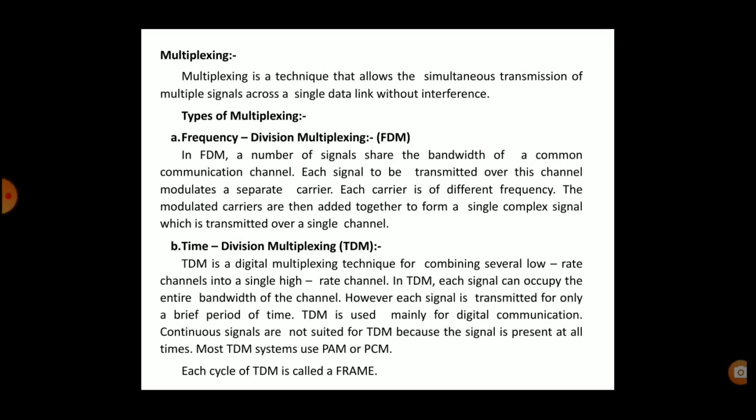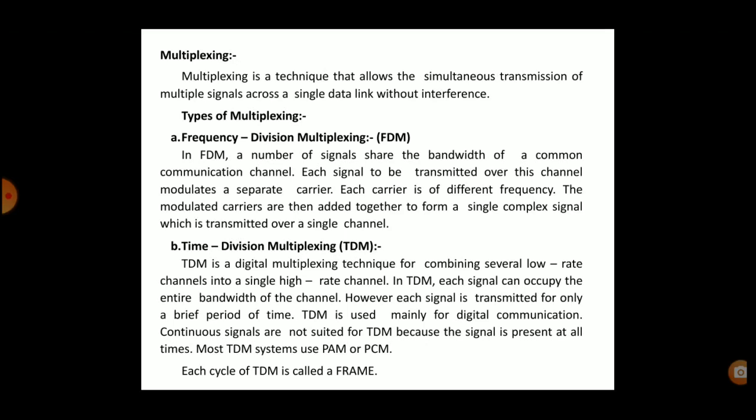In FDM, a number of signals share the bandwidth of a common communication channel. Each signal to be transmitted over this channel modulates a separate carrier. Each carrier is of a different frequency. The modulated carriers are then added together to form a single complex signal which is transmitted over a single channel.